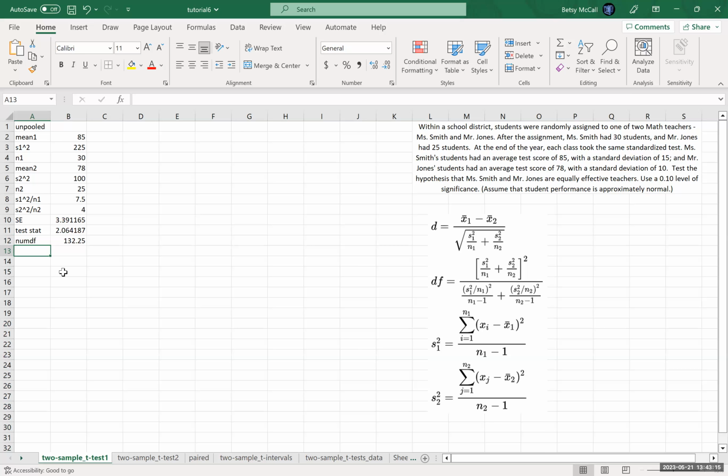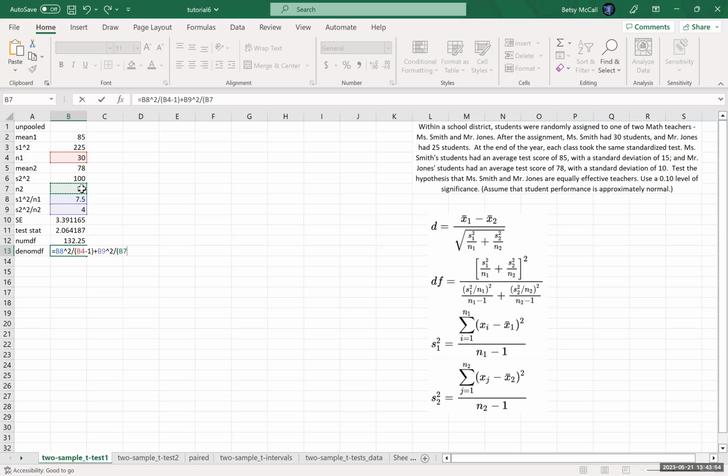And then in the denominator of our DF formula, we're going to have S1 squared over N1 squared divided by N1 minus 1, plus S2 squared over N2 squared divided by N2 minus 1.